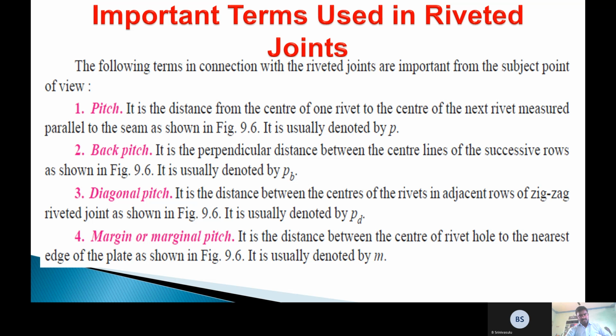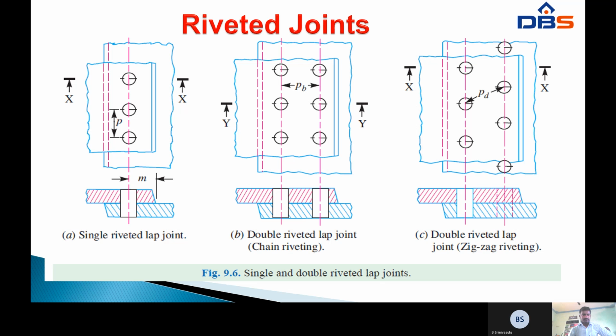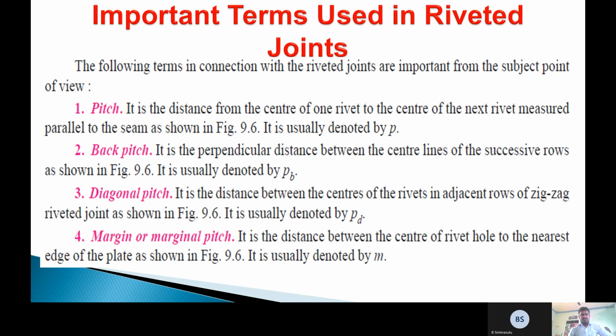It is usually denoted by P. This is the P as shown in the figure: the distance between one rivet hole and the next rivet hole, measured parallel to the seam.